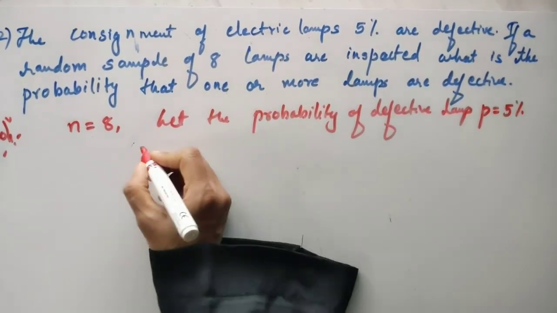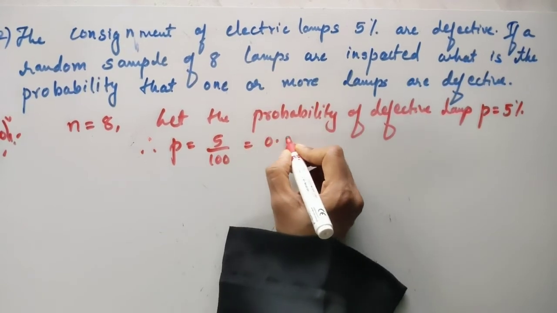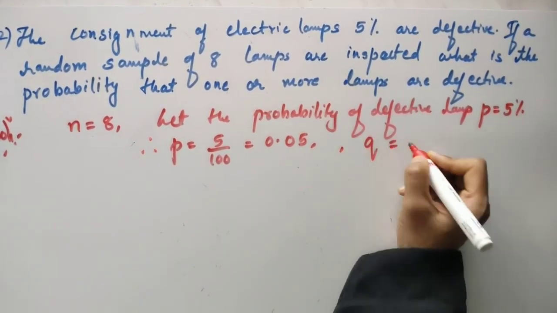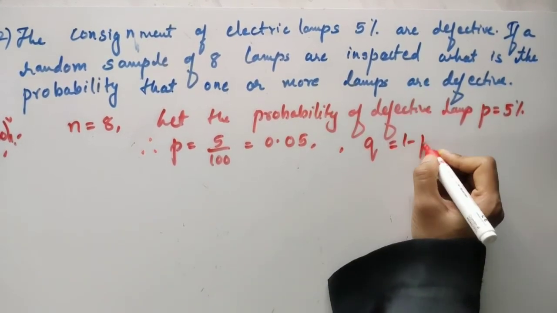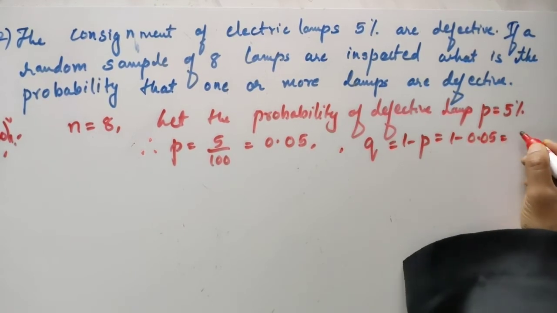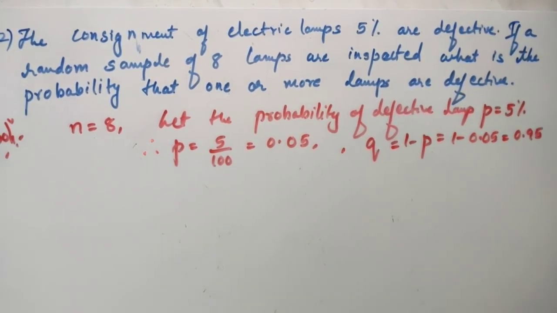So therefore P is equal to what? 5 divided by 100, which is 0.05. If P is equal to 0.05, you can directly write Q. Q is 1 minus P, which is 1 minus 0.05, which is 0.95. You will get Q as 0.95.